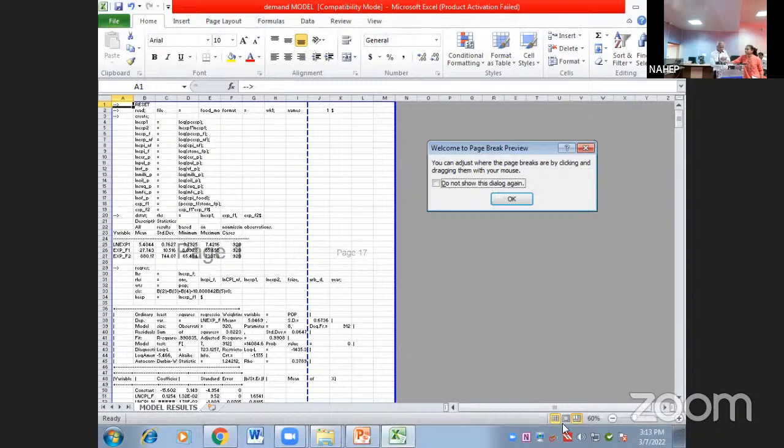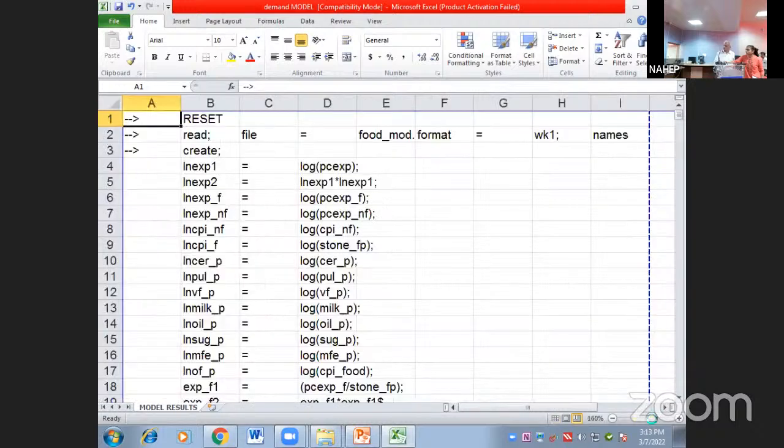We have covered this part, how to arrange the data.